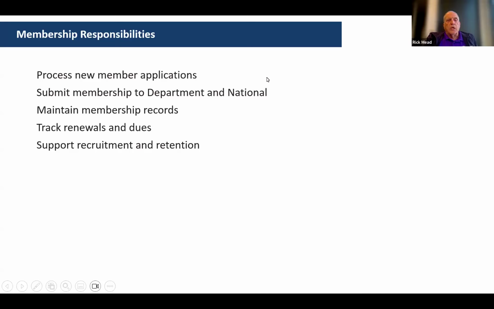Processing new member applications, submitting membership to the department and national, depending on how you're doing that, maintaining the membership records, tracking renewals and dues, and supporting recruitment and retention.